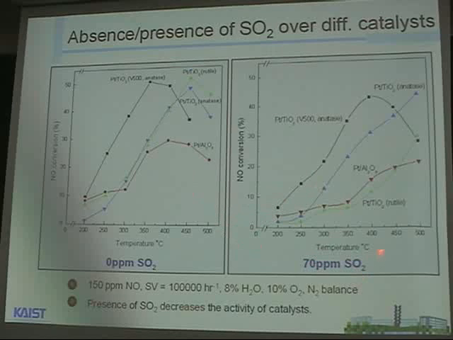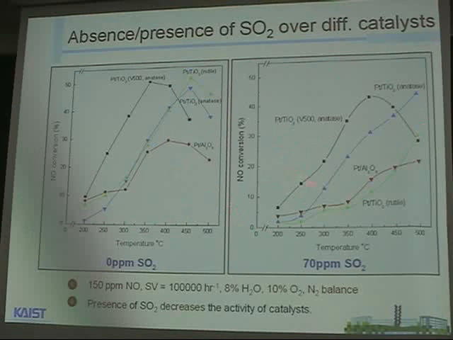These results show the effect of SO2 on these different catalysts. I have platinum on titania, but it contains tungsten oxide so that phase transformation will not take place. And this is rutile and another alumina.